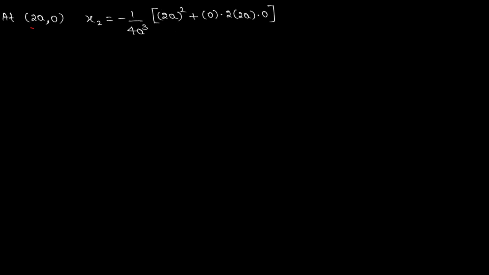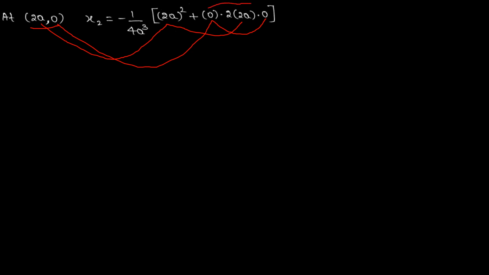At the point 2a comma 0, the x2 will give us, in the place of x we have put 2a, and in the place of y we have put 0.